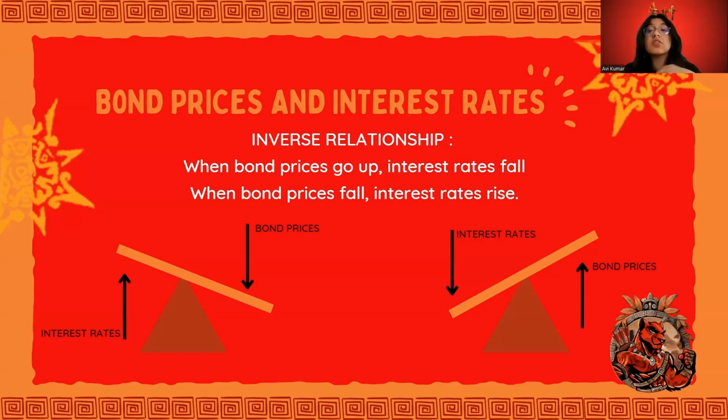This means that all the previous bonds that used to exist are not as worth it anymore because the new bonds have higher interest rates. So I will earn more money. So the old bonds' prices go down. Similarly, when the interest rates fall, the old bonds are now better because the new bonds have a lower interest rate. So the old bonds' prices go up.